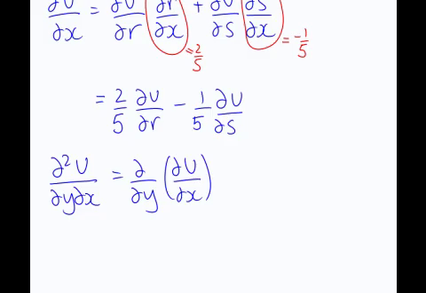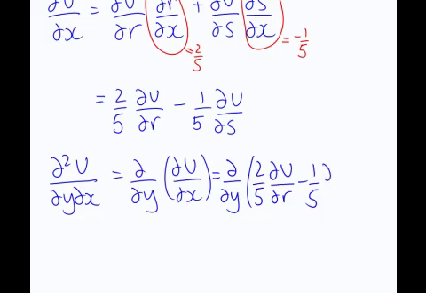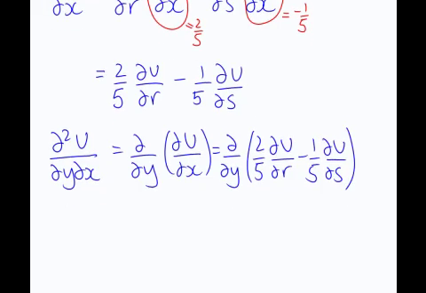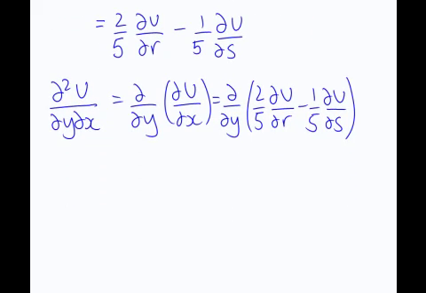So I'm being asked to differentiate with respect to y this expression that I've already found. And what you have to remember is that this bracketed expression is a function of r and s as it stands. We're treating u as a function of r and s, and so I need to apply the chain rule.